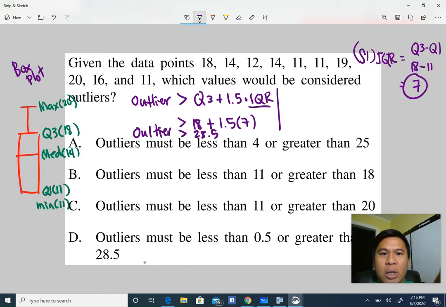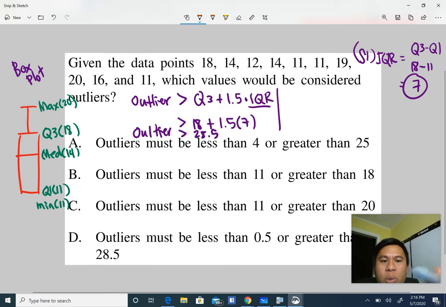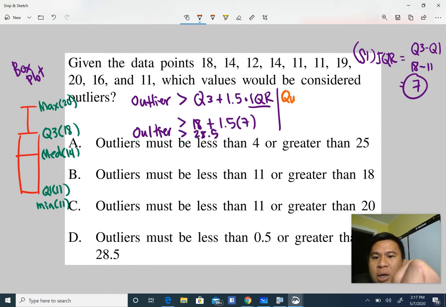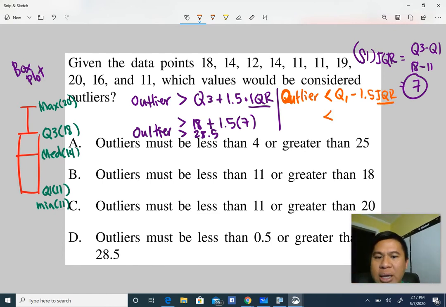Now to get the lower outlier possible values, I would have the other computation for it. The outlier should be less than Q1 minus 1.5 times IQR. So that should be less than Q1, which is in fact 11, minus 1.5 times 7, and this will give me 0.5.